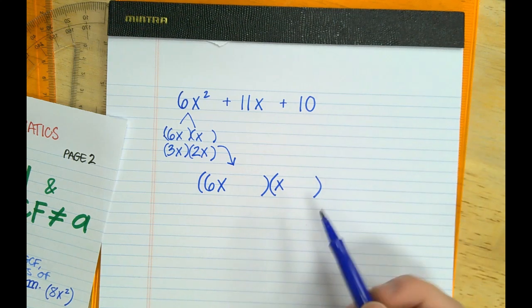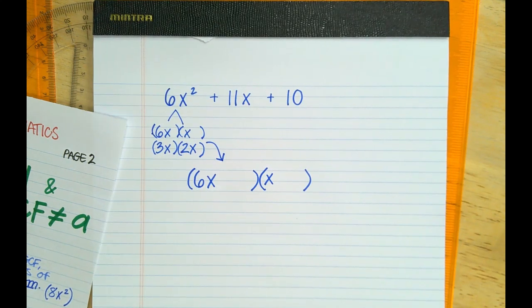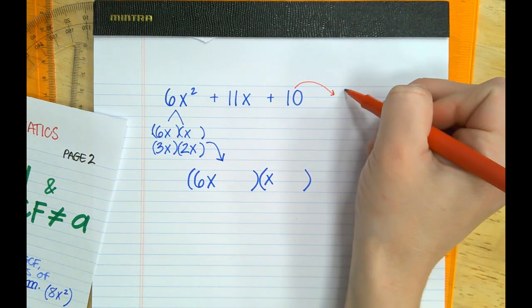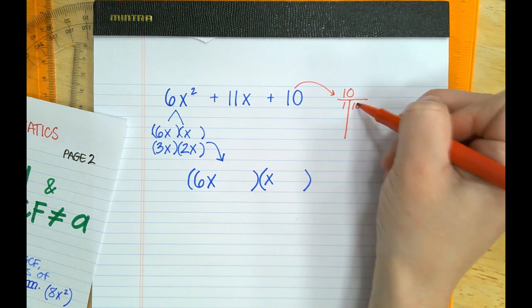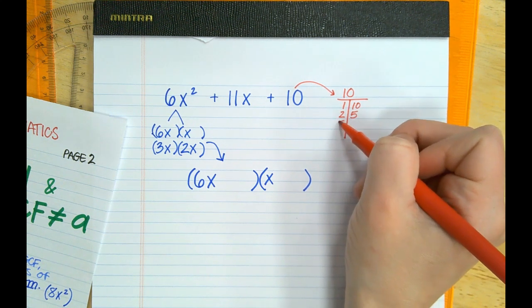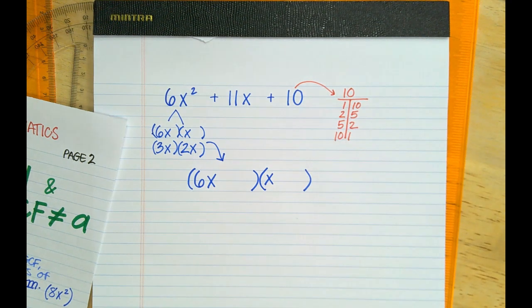So, what am I going to do to figure out how to fill these in? Yeah, we want to find the factors of c. What's our c? 10. Yeah, 1 and 10, 2 and 5, 5 and 2, 10 and 1. We have 4 options here.